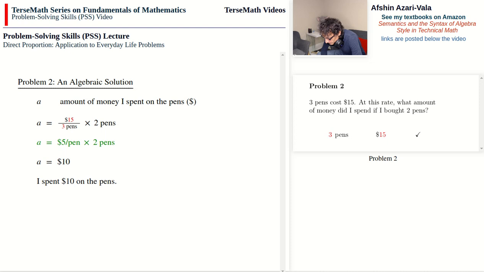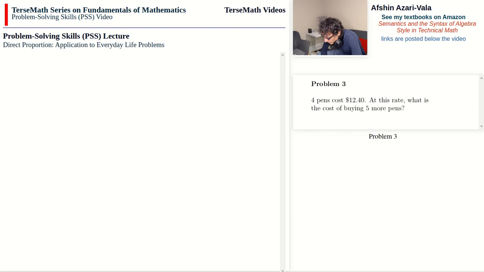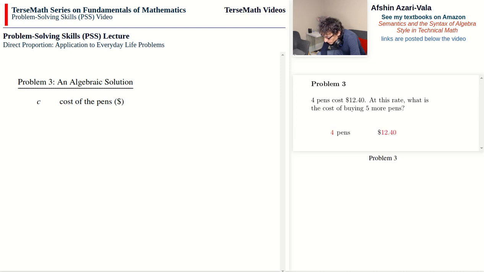Okay. Now the next problem, problem 3 says 4 pens cost $12.40. At this rate, what is the cost of buying 5 more pens? So for an algebraic solution, once again we note that C is the cost of the pens in dollars. And in this case, again, one relationship is given to us, 4 pens, $12.40. We make note of that.